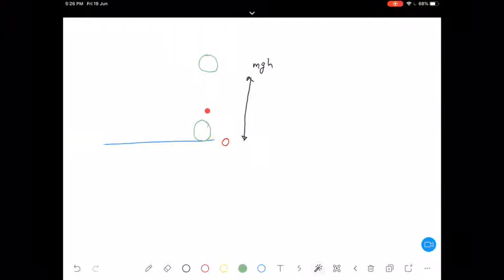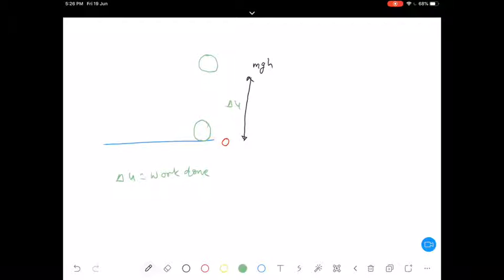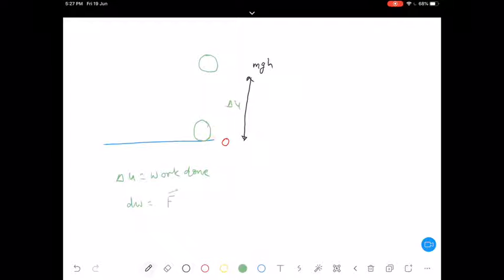First of all, this relationship: delta U, the change in potential energy in this case, will be the work done, which is coming out positive, that is work done on the system. Now work done, dW, can be written as F dot ds.